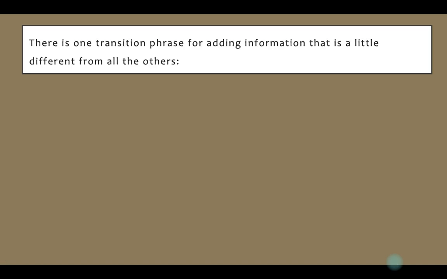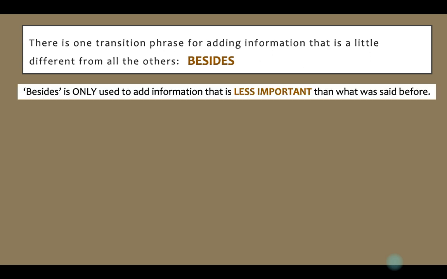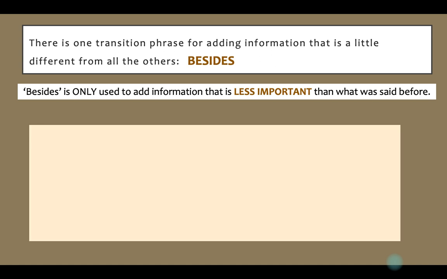There is one transition phrase for adding information that is a little different from all the others. This one is "besides." Besides is only used to add information that is less important than what was said before. So let's look at an example.